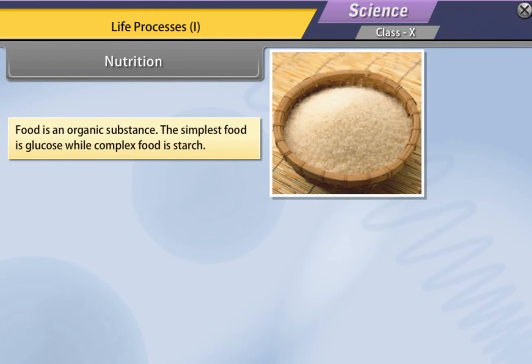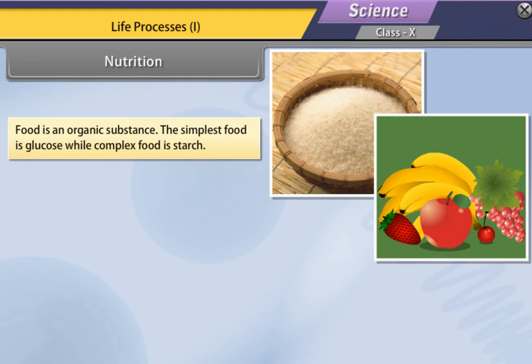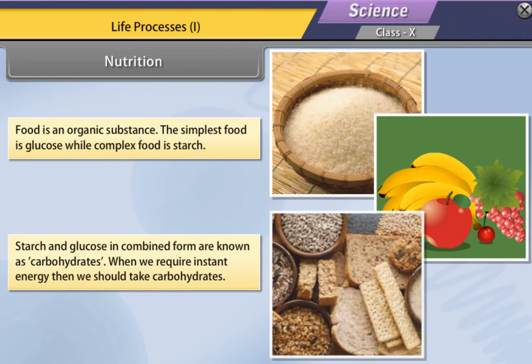Food is an organic substance. The simplest food is glucose, while complex food is starch. Starch and glucose in combined form are known as carbohydrates. When we require instant energy, we should take carbohydrates.